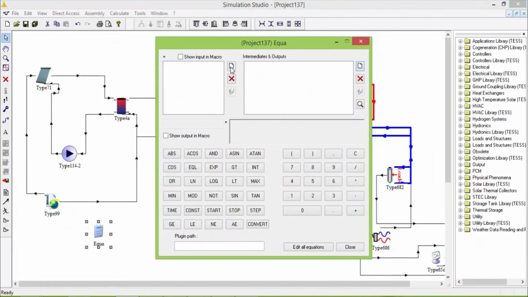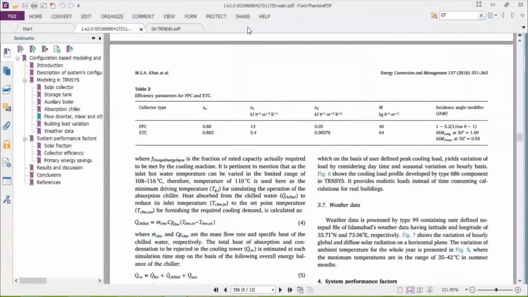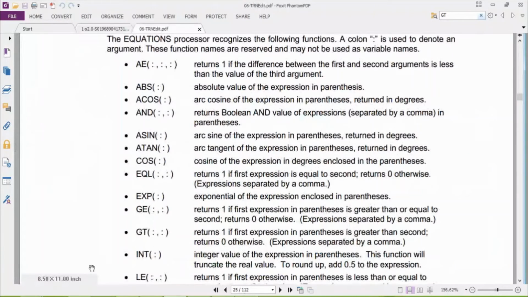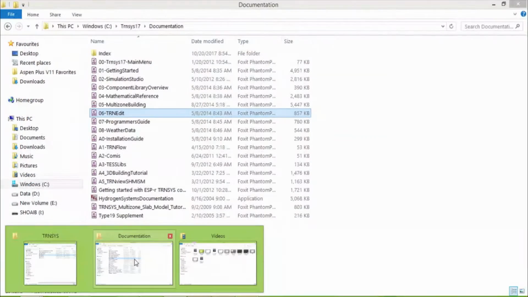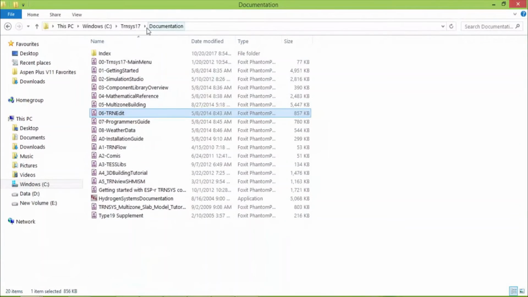So I say T collector one input and T output will be a signal Y. So it should go to TRNEdit, like it is in the documentation.